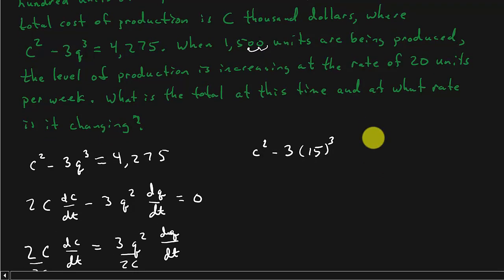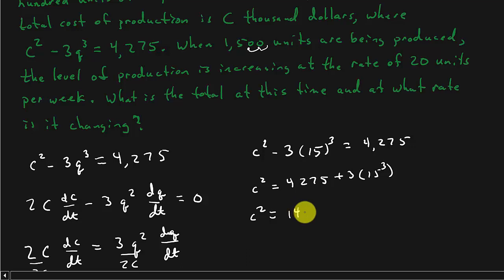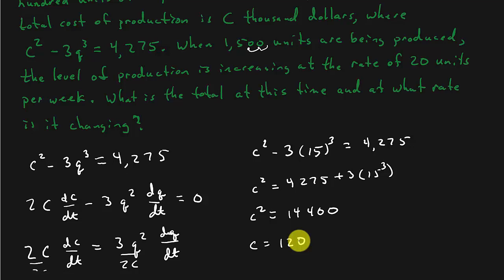And that's going to equal 4,275. So I've got C squared equals 4,275 plus 3 times 15 cubed. So C squared is equal to 14,400. So C is plus or minus 120, right? C is plus or minus 120.